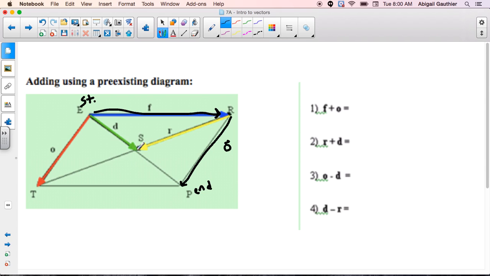Well, D will get us halfway there. So 2 vector Ds will get us the entire way there, because this is vector D, and so is this. So 2 vector Ds will get us the whole way there. All right, I want you to try the other 3 problems, and we will definitely go over those afterwards.